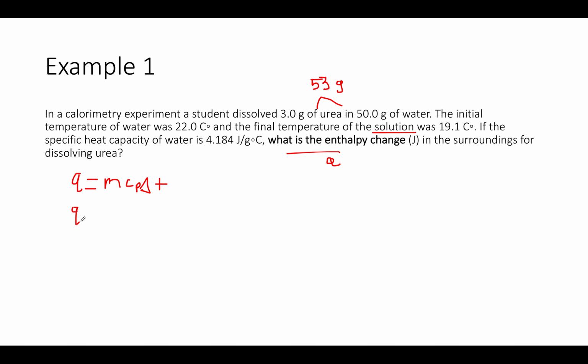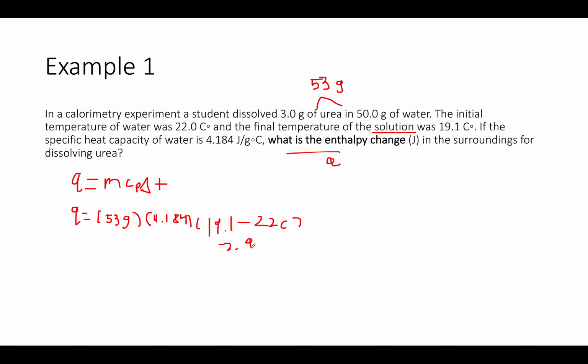So Q equals 53 grams times the specific heat of water, 4.184, times delta T, which would be the change in temperature, final minus initial, 19.1 minus 22 degrees Celsius. You get that to be negative 2.9.